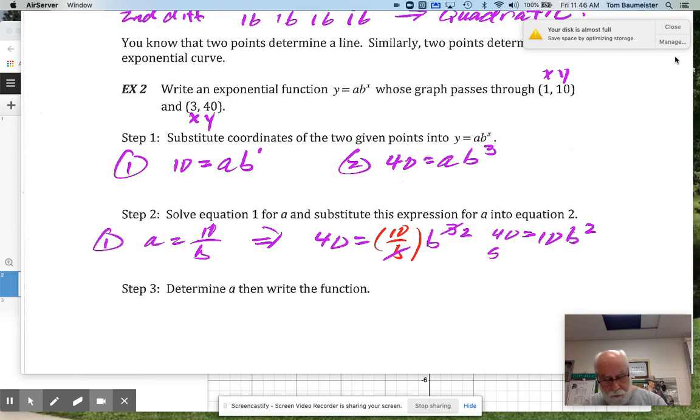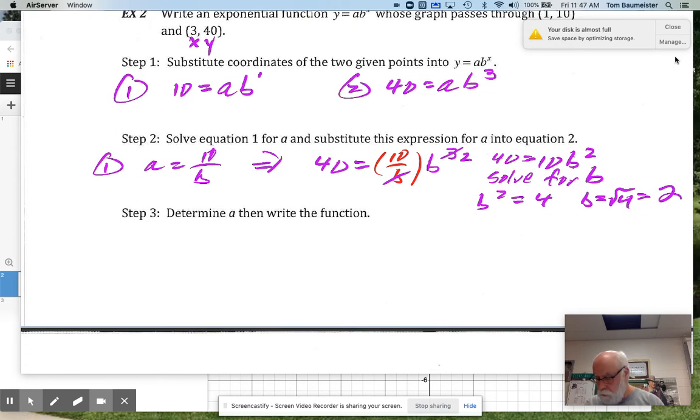And now you want to solve for b. And then we'll have b squared is equal to 4, or b is equal to the square root of 4, which is equal to 2. So then we have to determine what a is, and then write the function.